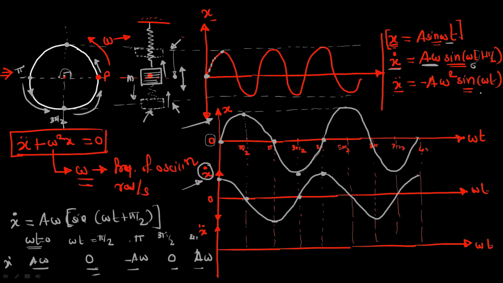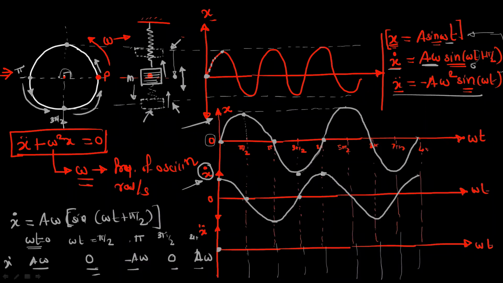And for the acceleration, here the value is minus a omega square into sine omega t. So it is opposite to the displacement. There is a phase angle of pi as it is negative. So we can show this waveform. Put the value omega t 0, you will get the answer 0 for acceleration.